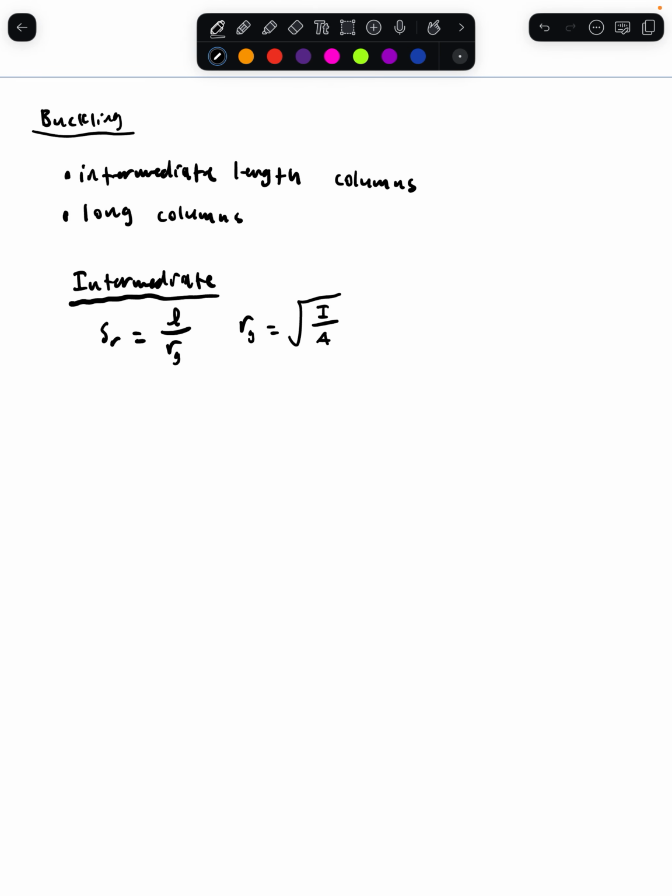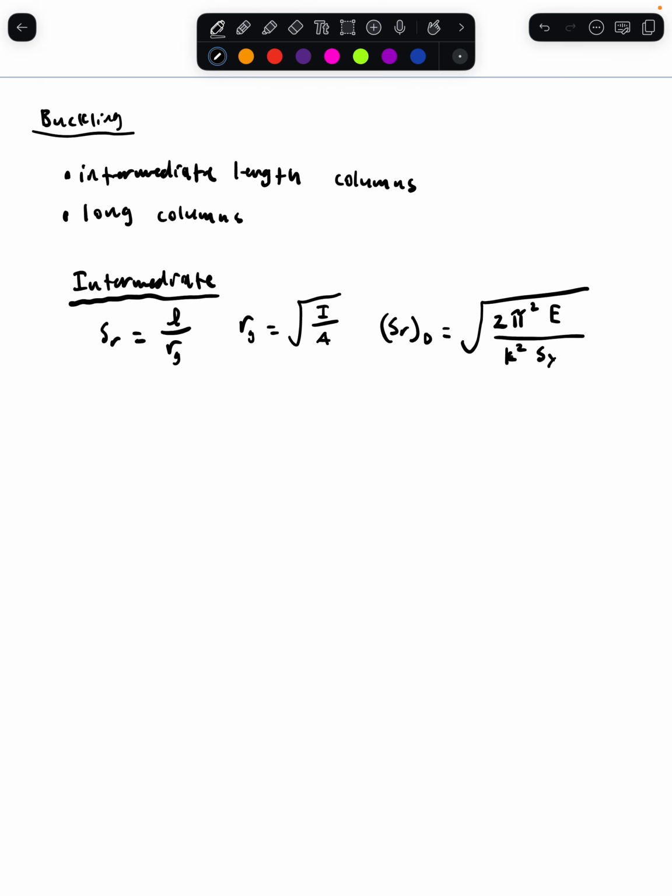Then there's another thing called the column stress determination factor, which the handbook writes like that. And that is the square root of 2 pi squared times the elasticity divided by k squared times the yield strength.